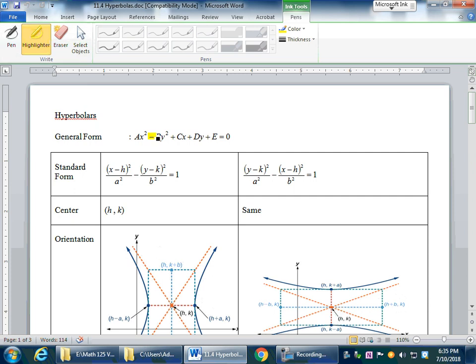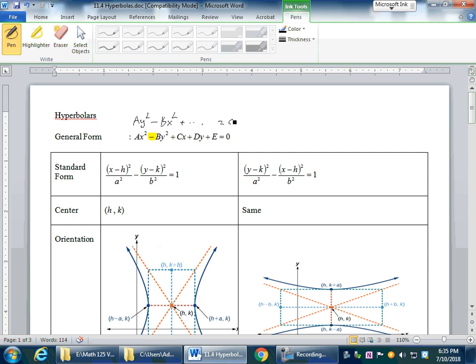Hyperbola has either ax squared minus by squared, or, I missed another case, ay squared minus bx squared, plus dot dot dot, equal to 0. Okay, so it could be two cases.